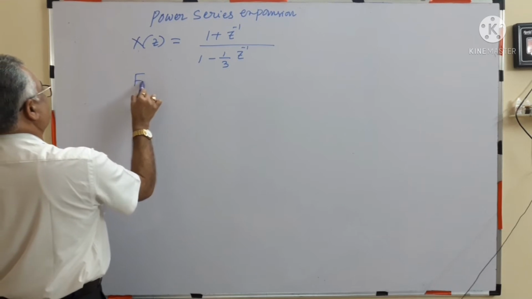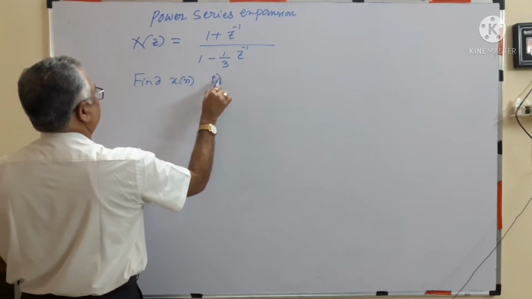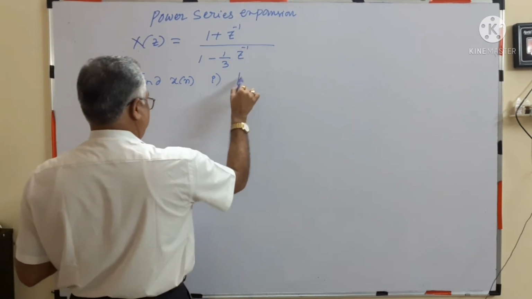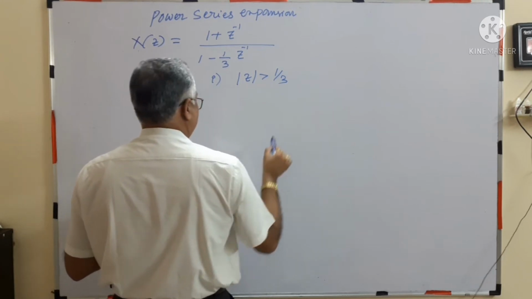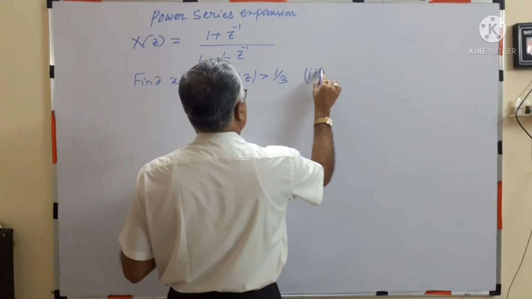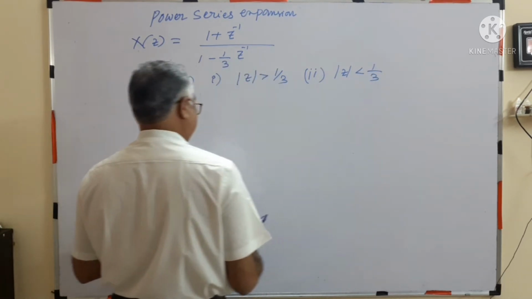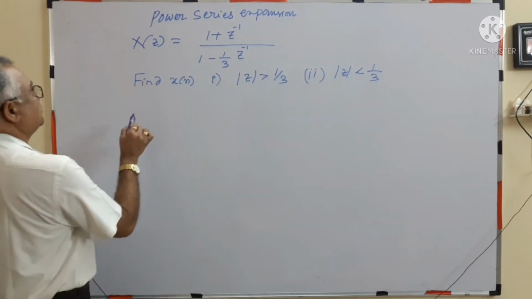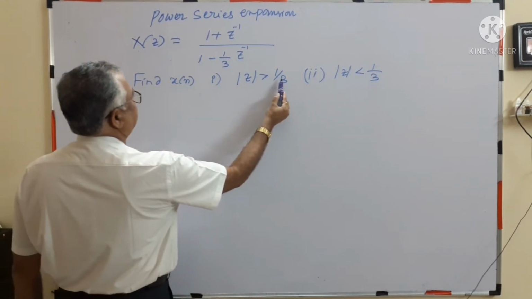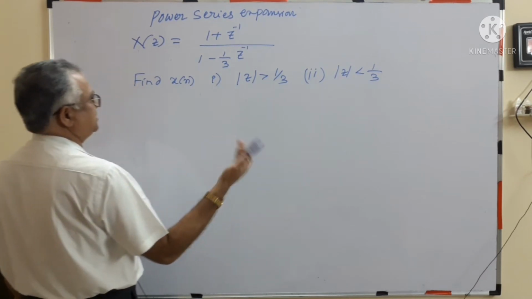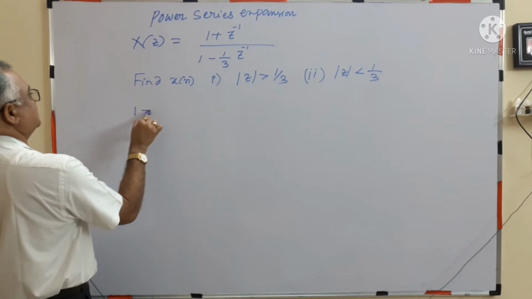Find x of n for mod z greater than 1 by 3. Second case, mod z less than 1 by 3. Now using power series is simple. When mod z greater than 1 by 3, it means it is a right side sequence. For any right side sequence you divide like this.